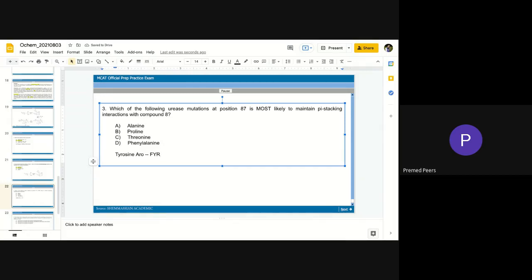Like phenylalanine, no, tryptophan. There we go. FYW. And then I got phenylalanine. And if you just look at the root of the word too, it tells you they're aromatic because of the phenol, right? So that is another way that we can solve the question.